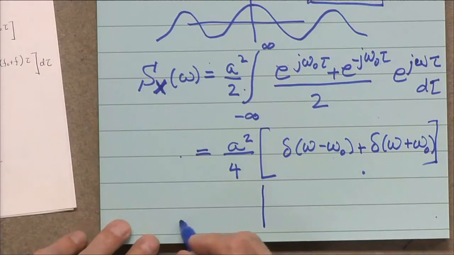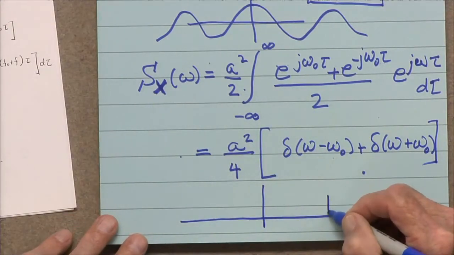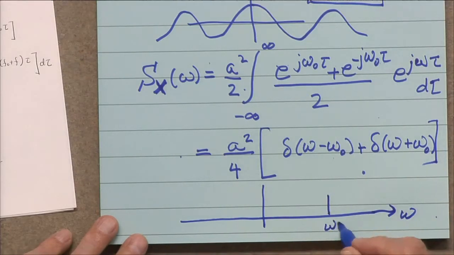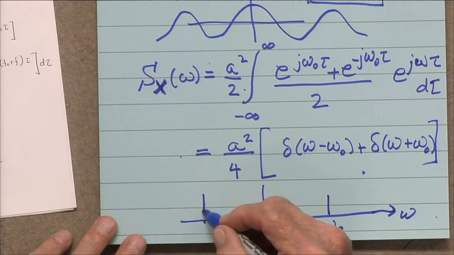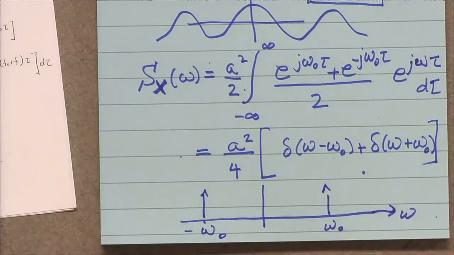And so here's the power spectral density. This is omega 0, and you have a spike at minus omega 0. 2 spikes.